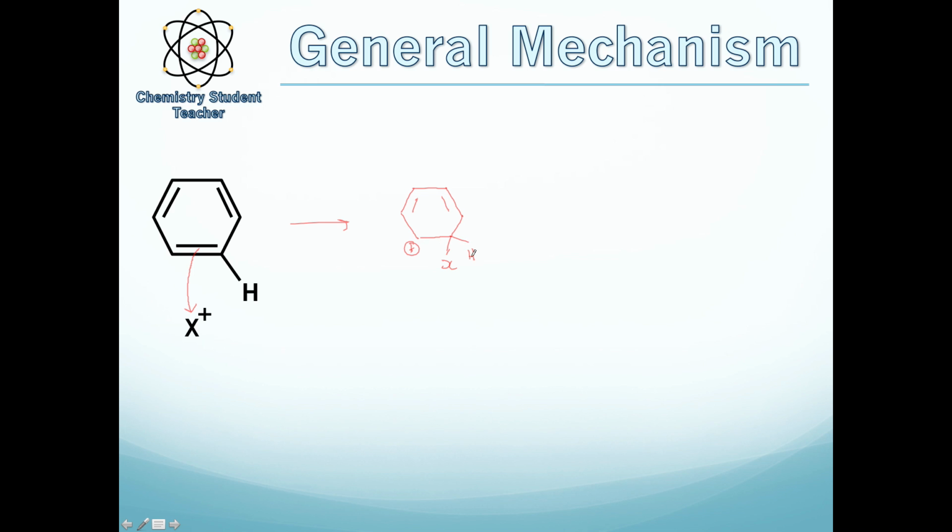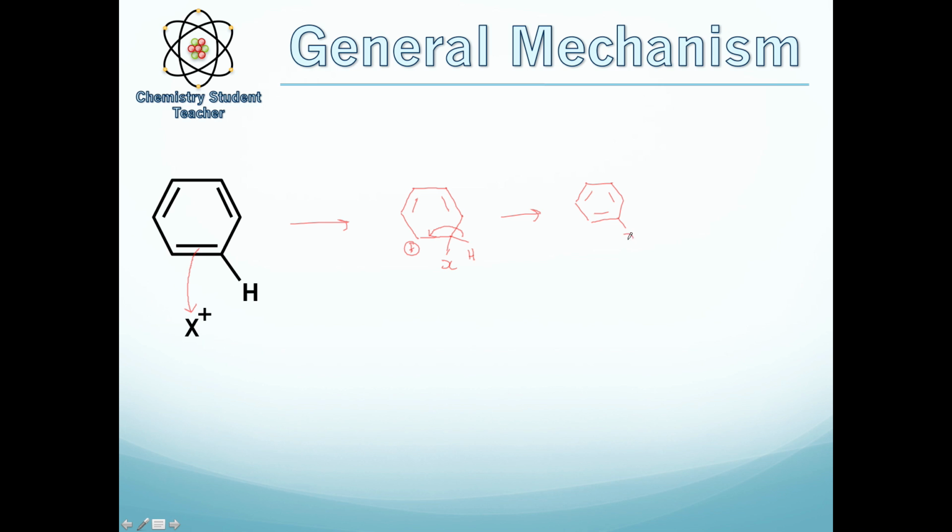What happens? It has two choices. You could have something else, so say a Br- could come in and attack via addition, or this bond on the hydrogen could go back in and form the pi system. Well, what's easier? It's easier to break this bond and give out a proton, because the bonds are just closer. They're there. You don't have to rely on things colliding with the right activation energy and stuff like that. And that's why we get a substitution rather than addition. It's just easier to happen, really.